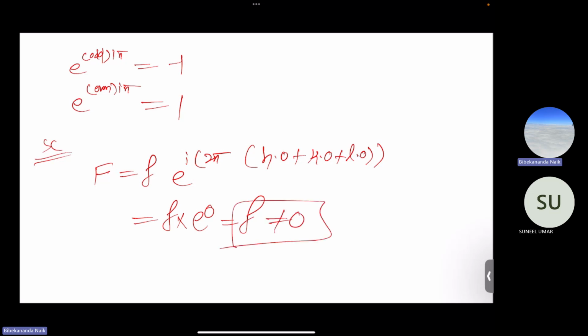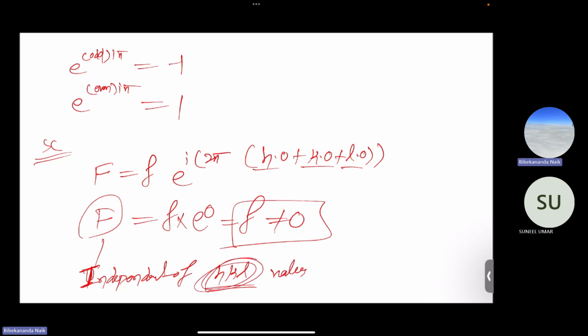This expression capital F doesn't depend upon the values of HKL, since it is multiplied with zeros, so it is independent of HKL values. So all HKL combinations in simple cubic will give you diffraction peaks in X-ray diffraction. Now you got it?